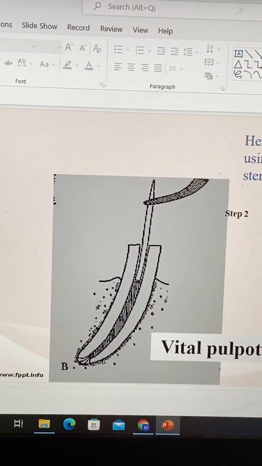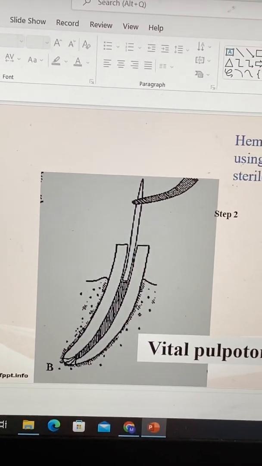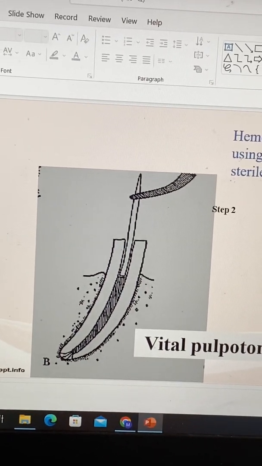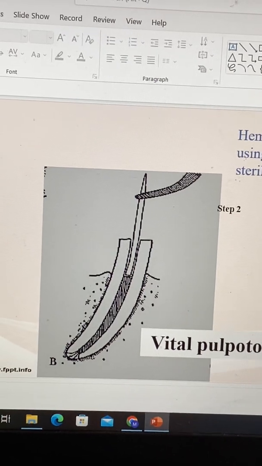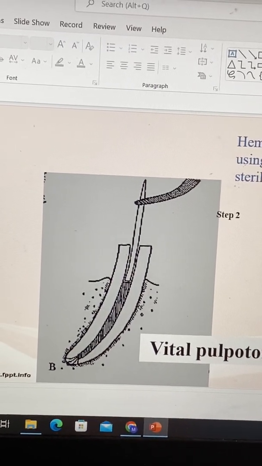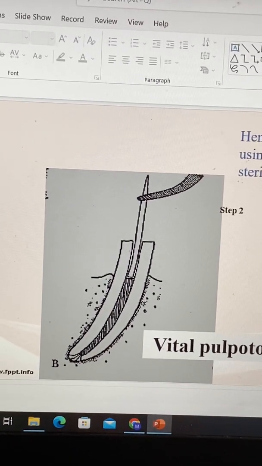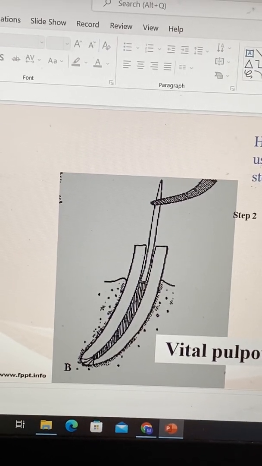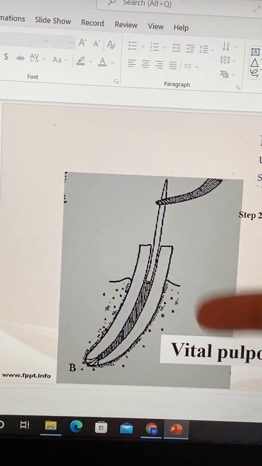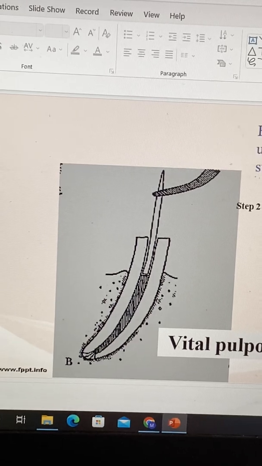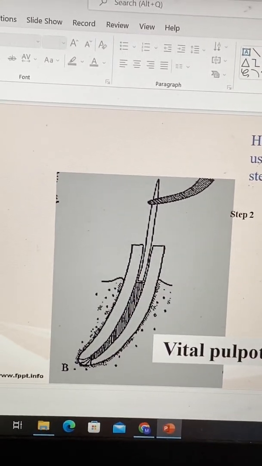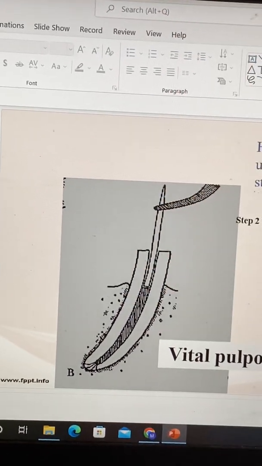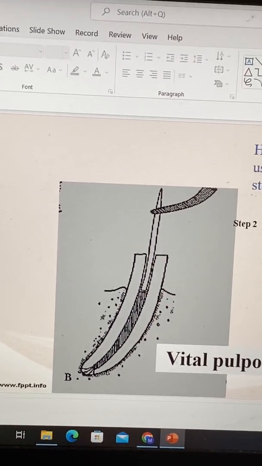This basically looks like a toothpick, and you use the blunt ends of this toothpick with calcium hydroxide, which is also a drying agent. It's very important in this stage to remove all the pulp. If the bleeding continues, the pulp is still there. So you have to continue to use these blunt ends and lavage. And if it won't stop bleeding, you can use local anesthetic with epinephrine on the end of this pick.